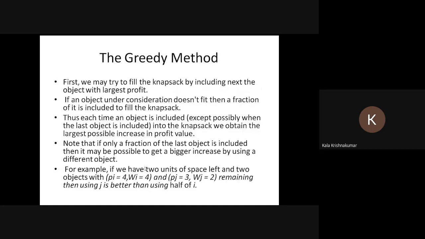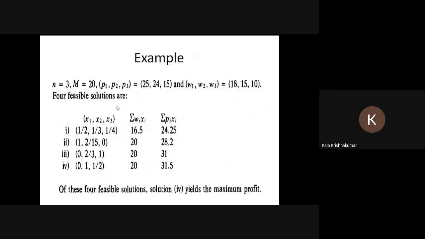Let's check that. Compute PI by WI: 25 by 18, 24 by 15, then 15 by 10. So when you sort them, the second object will come first, then third, and the first will come last.